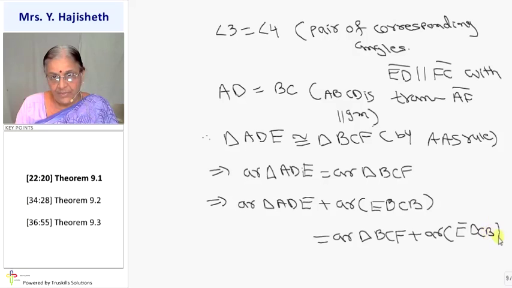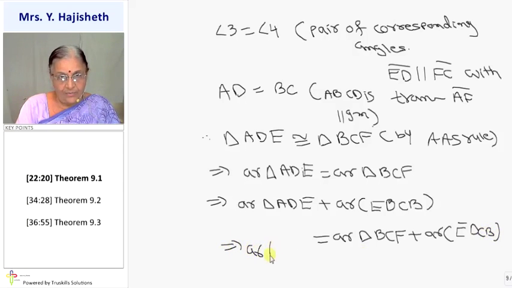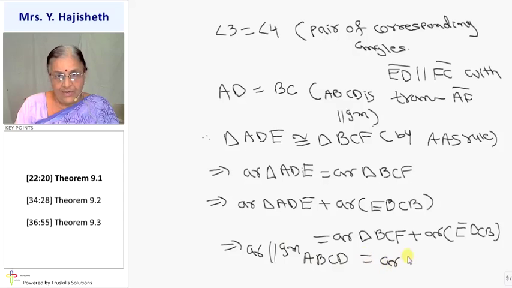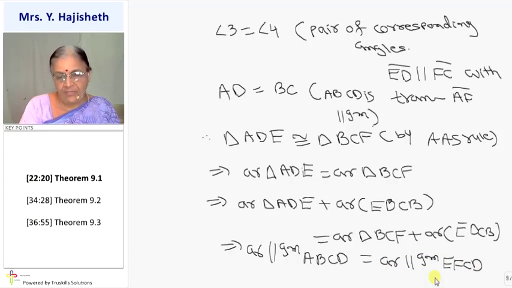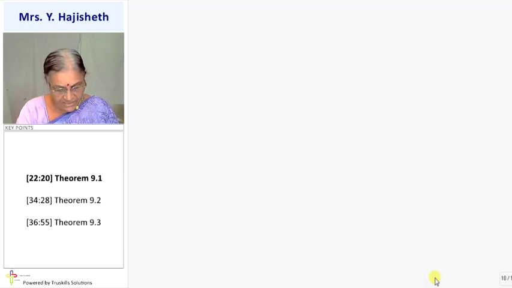Clear? So adding these two, it becomes area of parallelogram ABCD, and this becomes area of parallelogram EFCD. Okay, so two parallelograms on the same base and between the same parallels are always equal in area.